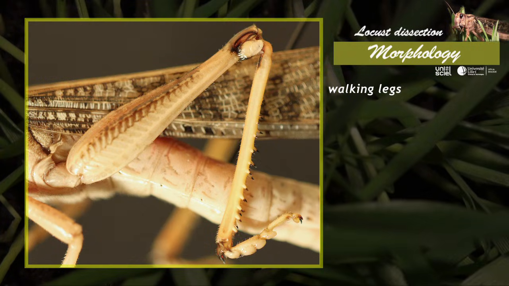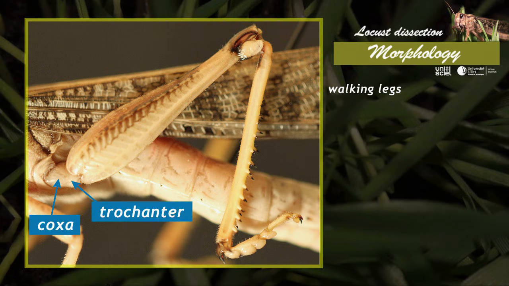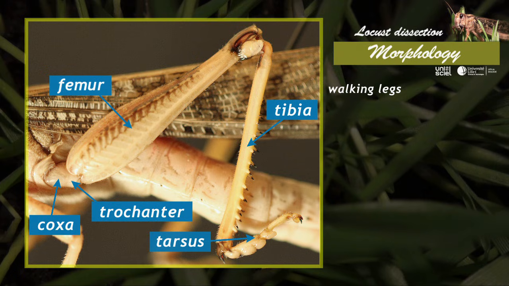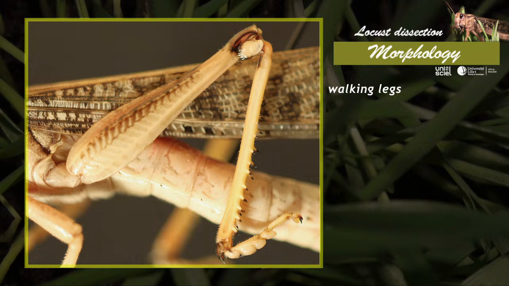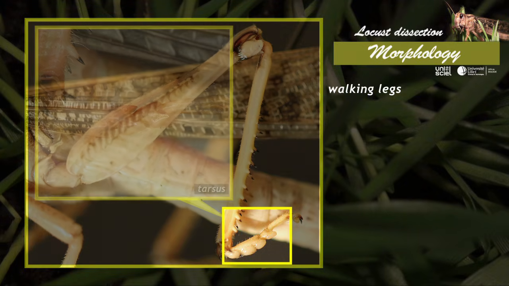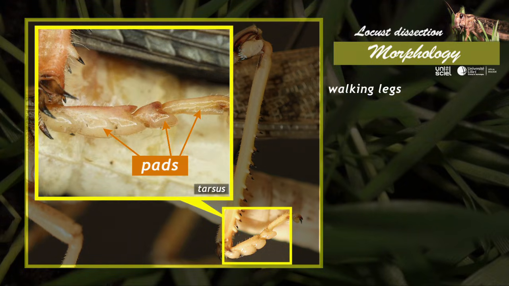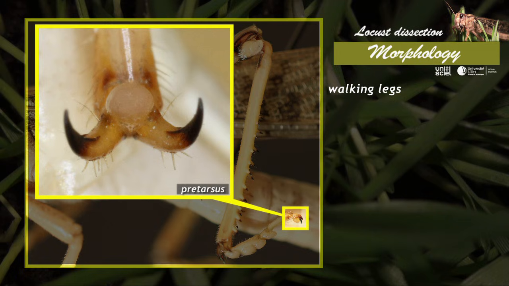From the base to the end of the leg, there are the coxa, the trochanter, the femur, the tibia, the tarsus, and the pretarsus. The tarsus is composed of 3 segments, having membranous pads. The pretarsus has 2 claws and a median pad, the aerolium.